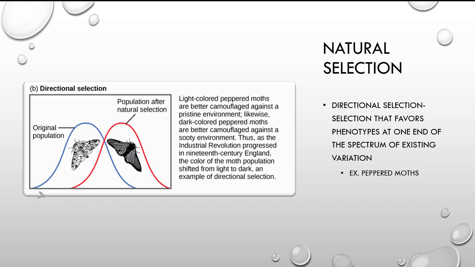So I'm gonna put over here, this is the pepper color. And then over here is the black color, the dark color, D. So in this original population, we can see that the average was around here.